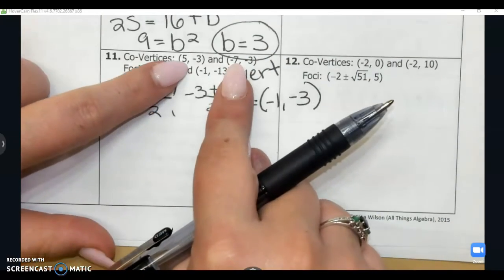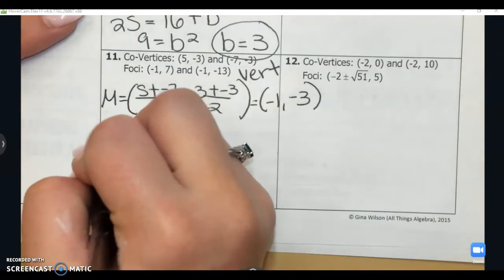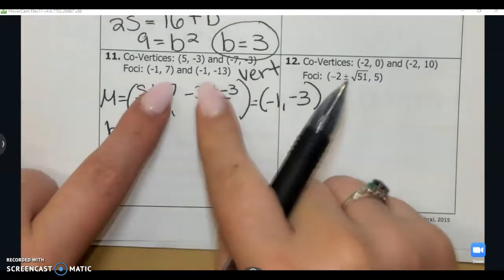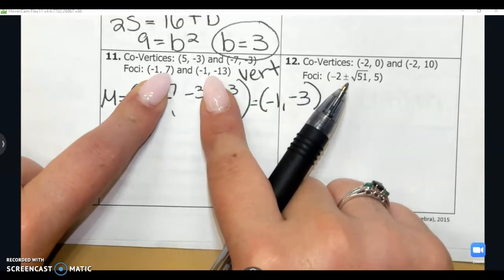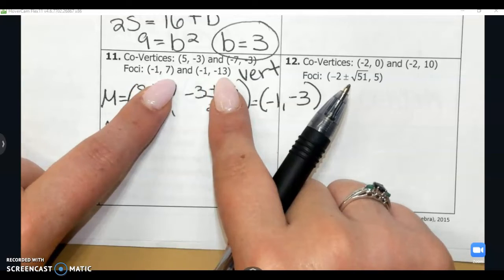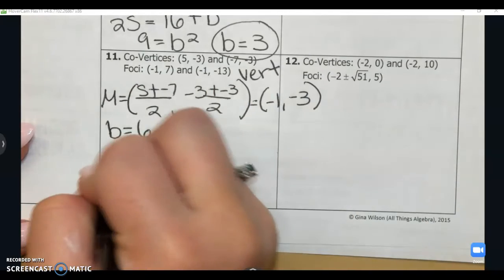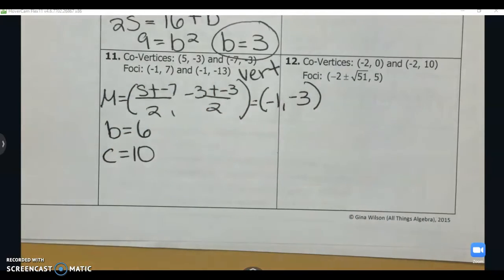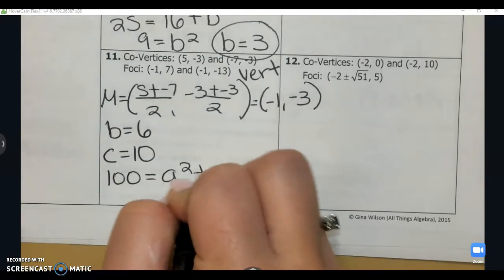And then this 5 to negative 7, those are 12 apart, and half of that is 6, so that means B is 6. And again, the foci are going to help me find C, but I still need A to write that equation, so let's look at our foci. X isn't changing. The y values, however, are 20 apart. Half of that is 10, which means C is 10. So again, C squared is equal to A squared plus B squared.